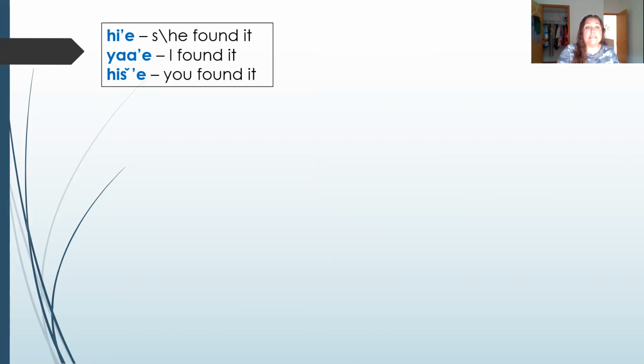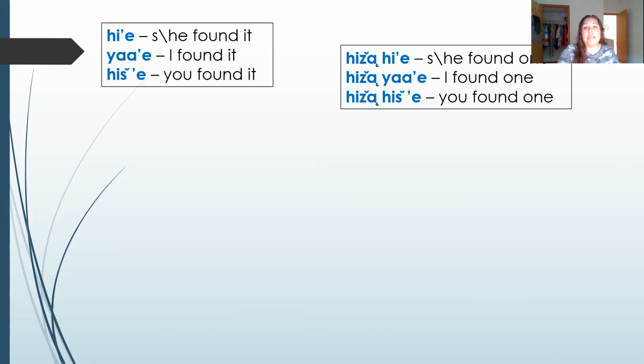If you say it as a statement, hish'e, or a question, hish'e, kind of go up a little at the end for a question. Hija hi'e, hijan ya'e, hijan hish'e. That's found one. He or she found one, I found one, you found one, or hijan hish'e, did you find one?